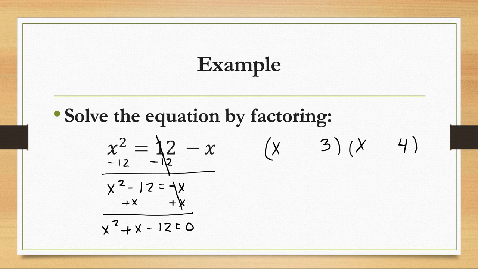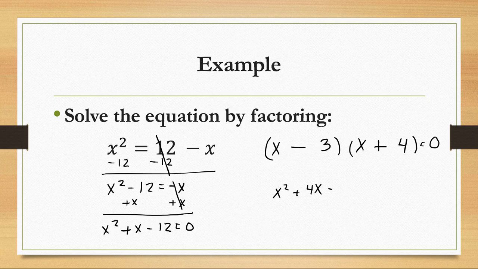Because my middle term is positive, I'm going to make the bigger one positive and the smaller one negative. Now again, once you get this done and you think you have it factored correctly, FOIL it out and make sure that you do. So first times first is x squared. Outside terms make a positive 4x.